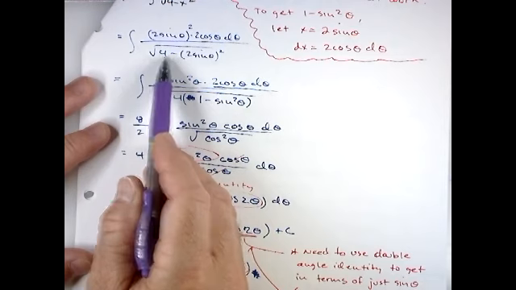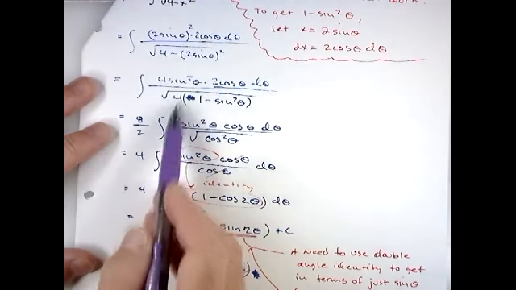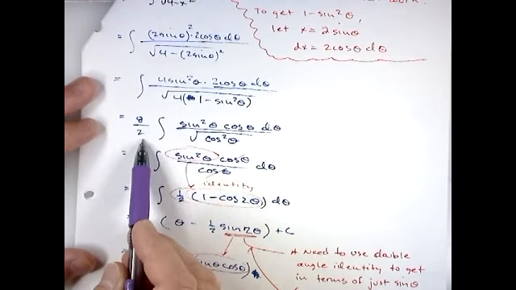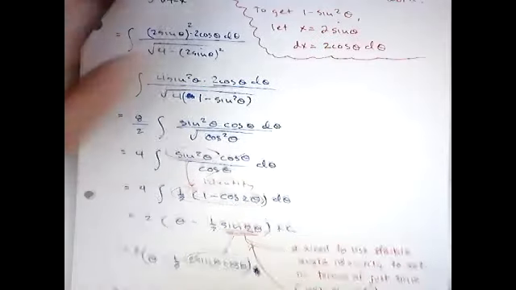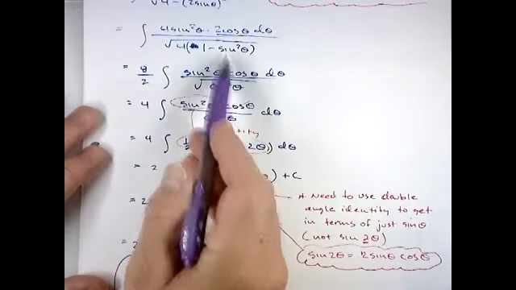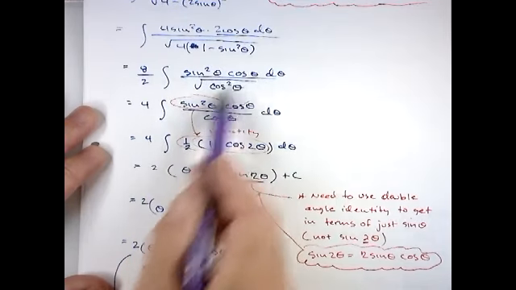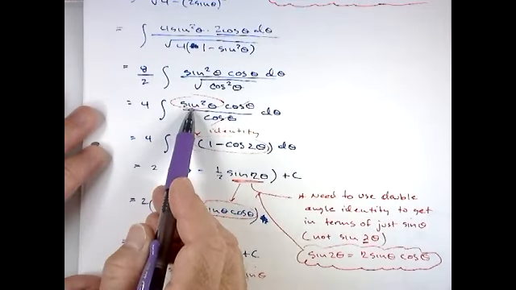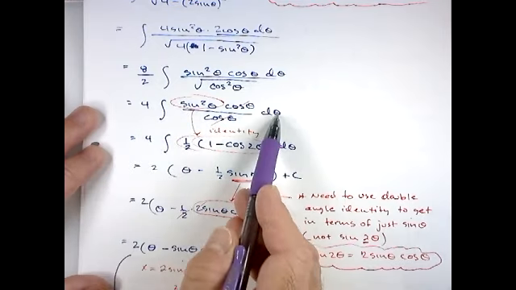Here I know that's 4 minus 4 sine squared, so I'm already factoring out the 4. That will come out as a 2. Square root of cosine squared, which is what you get when you use your identity, is just cosine. That cancels this out, leaving us with the integral of sine squared theta d theta.